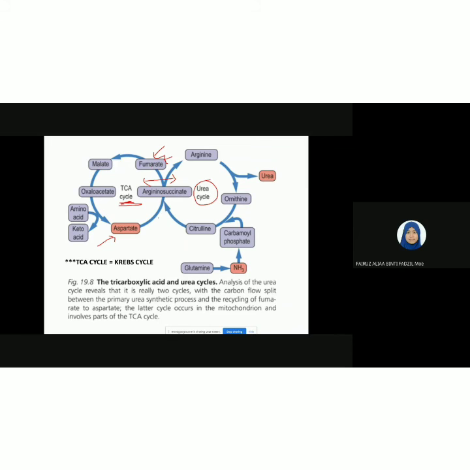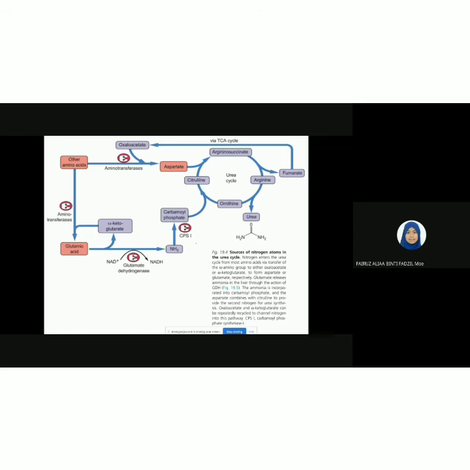And this urea cycle, you can see here, will produce the urea, and then regenerate the ornithine, and the ornithine will be used back. And this diagram wants to show you the source of the nitrogen. If you see here, most of the nitrogen comes from the glutamic acid, also known as glutamate.